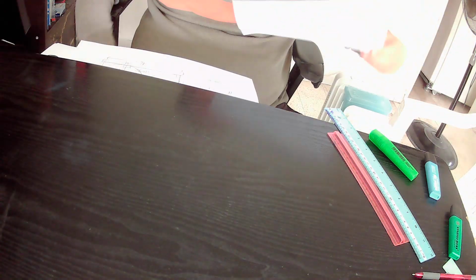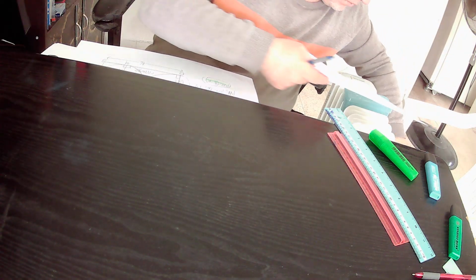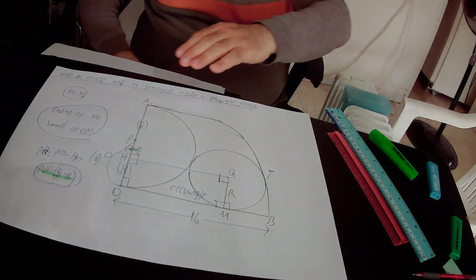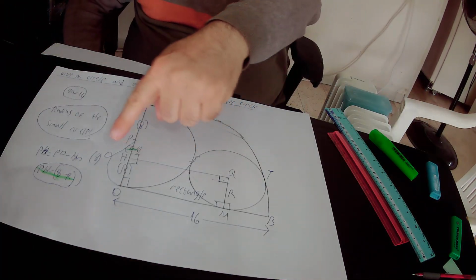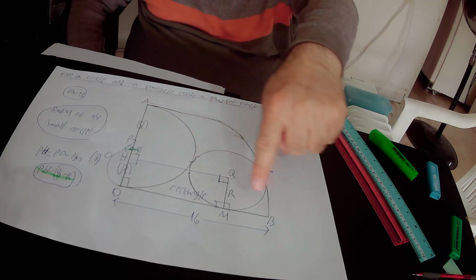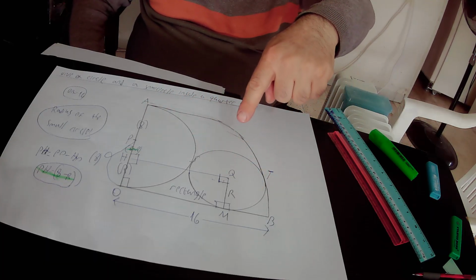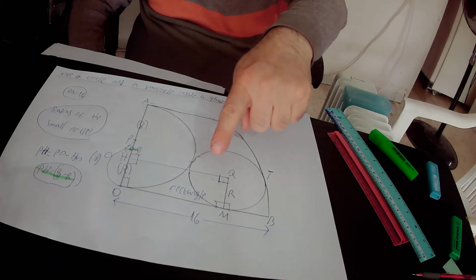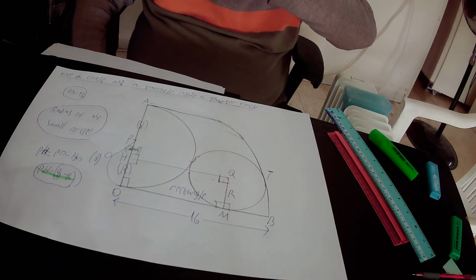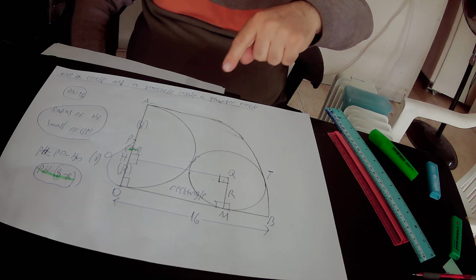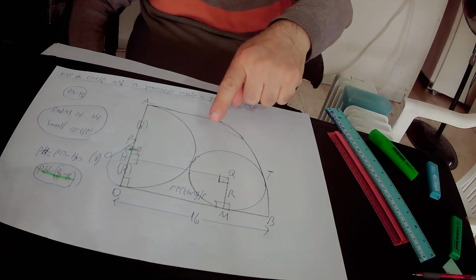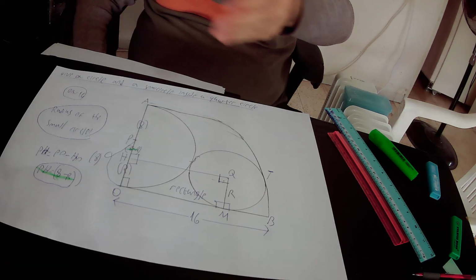So we can actually implement rule 10 in our drawing. Because in our drawing, as I mentioned before, this semicircle has an external notch with this small circle. That is to say, it touches this small circle at point S. Therefore, we can implement rule 10.